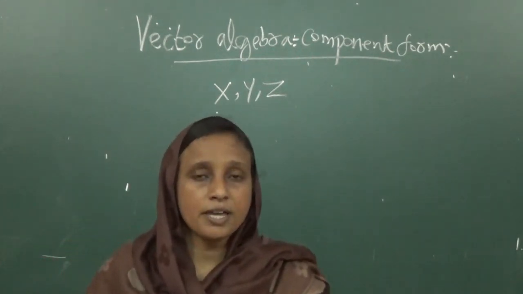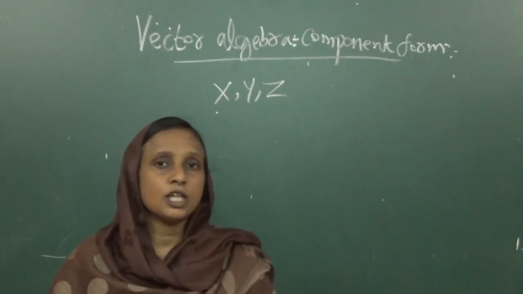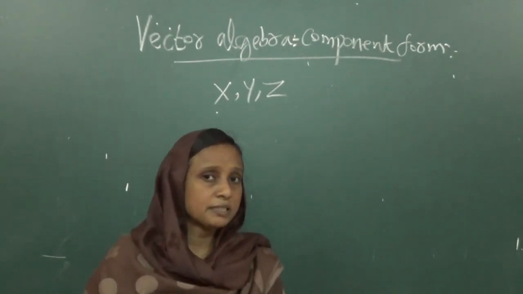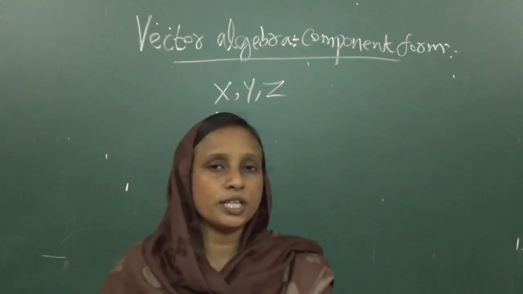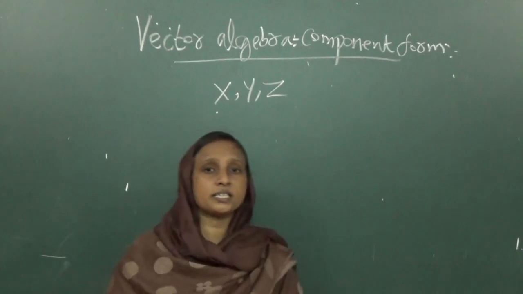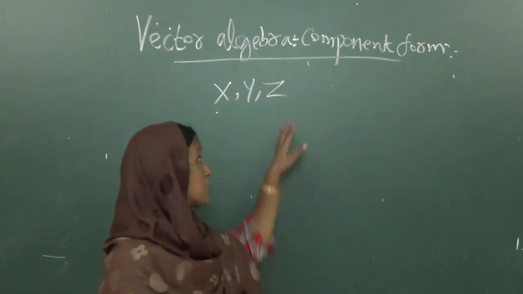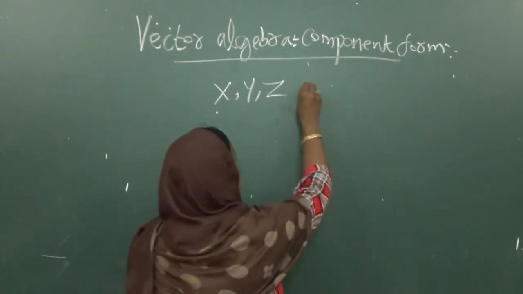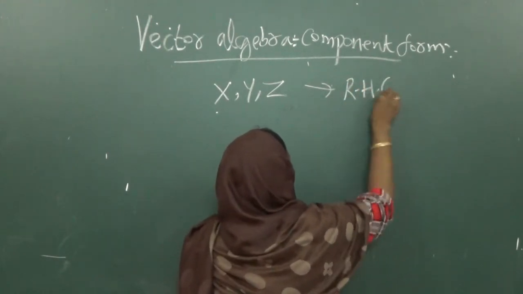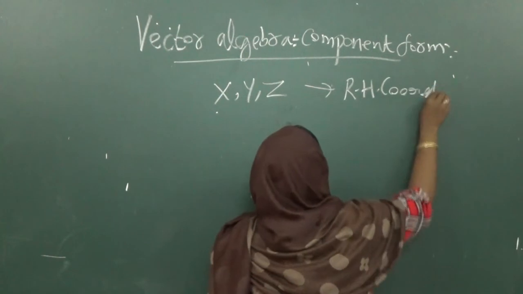In this Cartesian coordinate system, we assume the system to be a right-handed coordinate system.